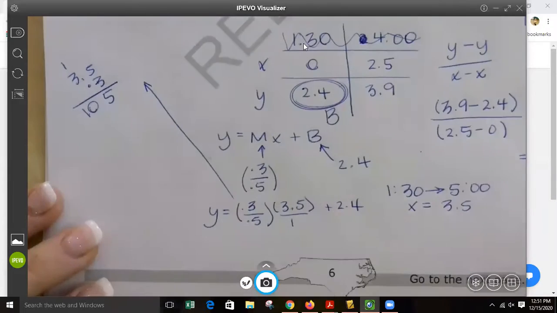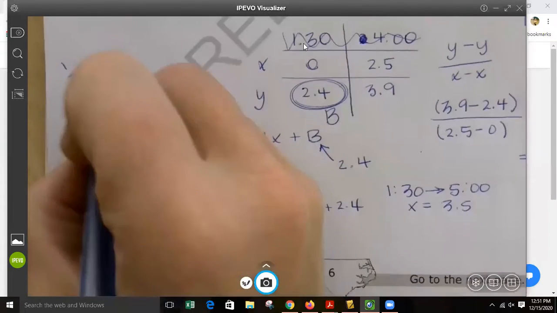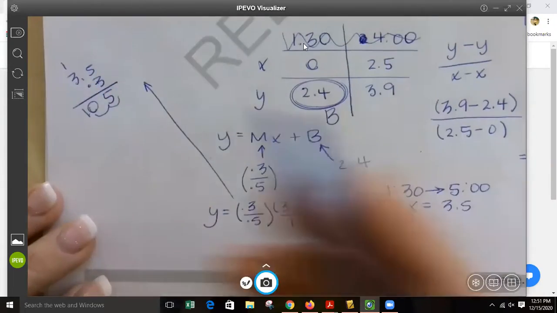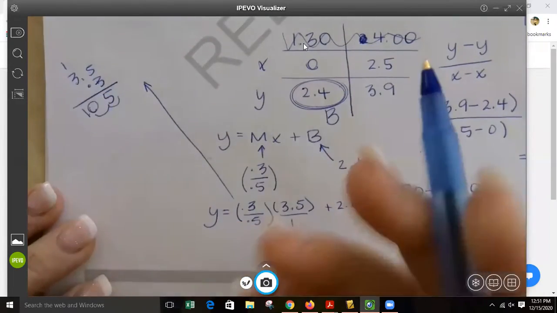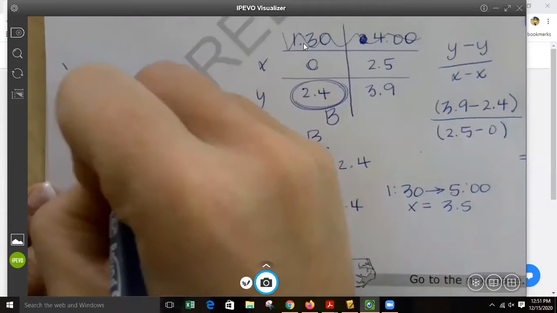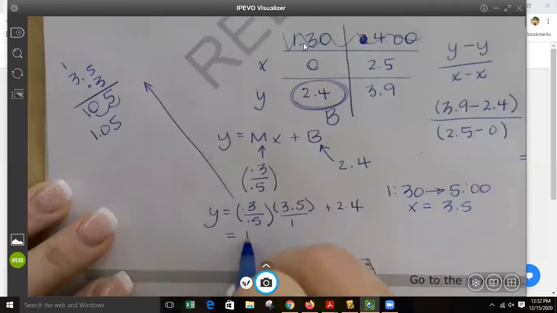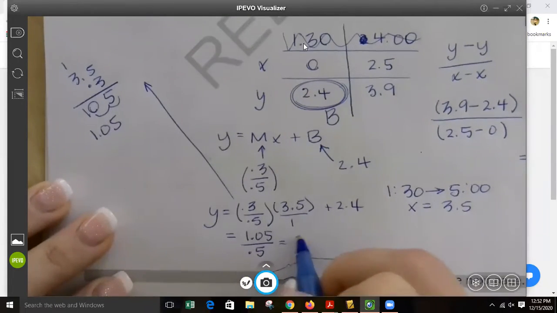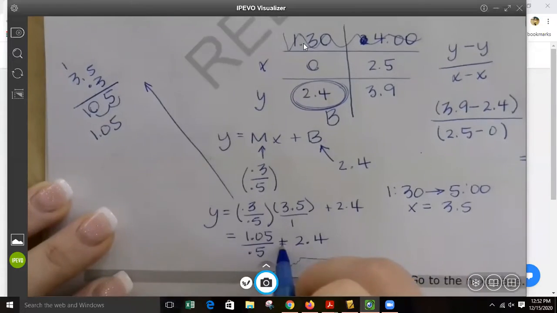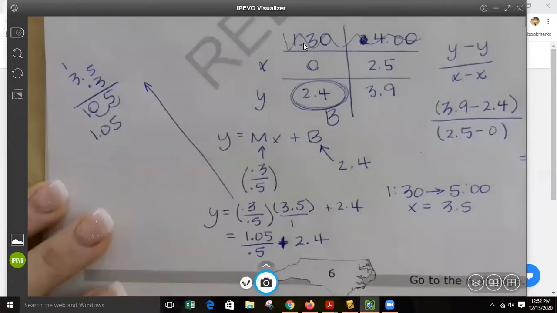But how many decimal places do I need to move? 2, right? Why is it 2? Because I have 2 right here. All right, so 1.05. So what I have now is 1.05 over 0.5 plus 2.4.